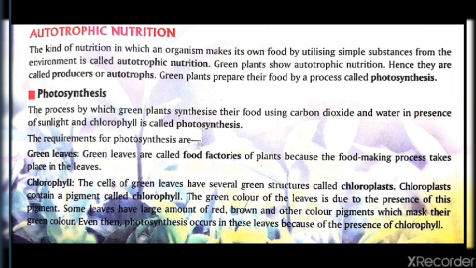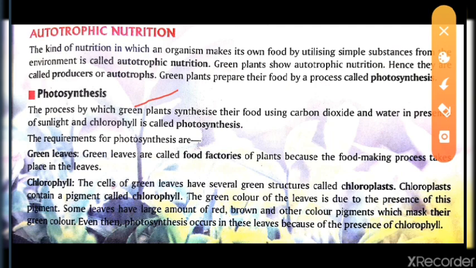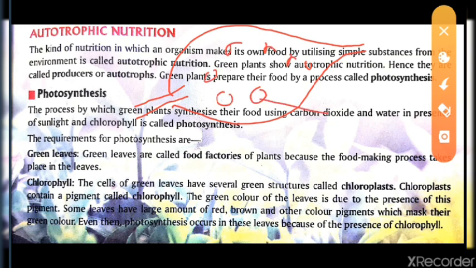Now the next point is chlorophyll. Now where is the chlorophyll present? Actually, if we see a leaf, this leaf contains a lot of cells. That means it is made up of a lot of cells. If we take a single cell, we already know that a single cell contains a lot of cell organelles.